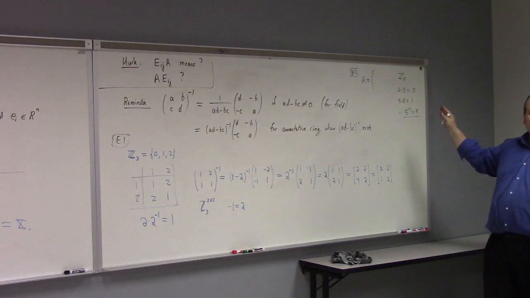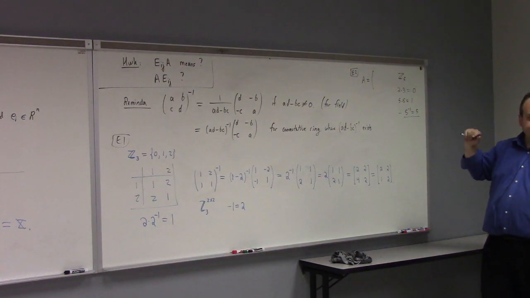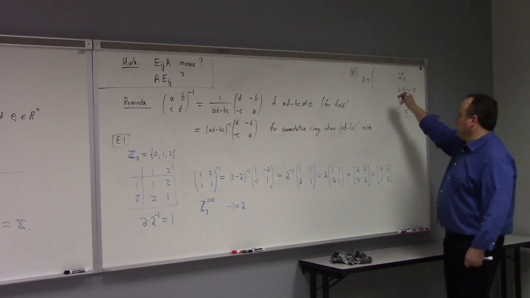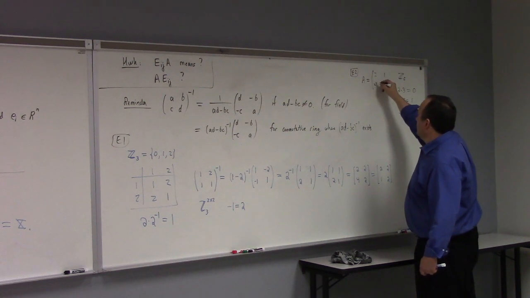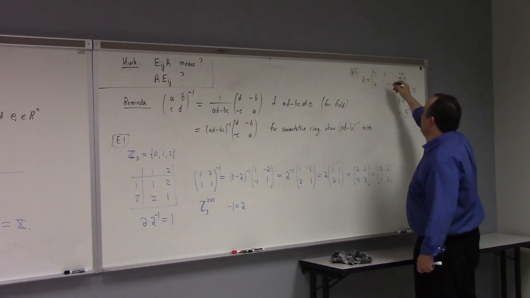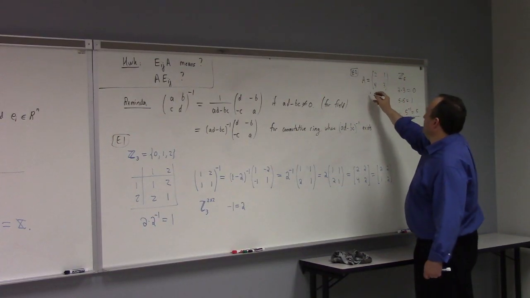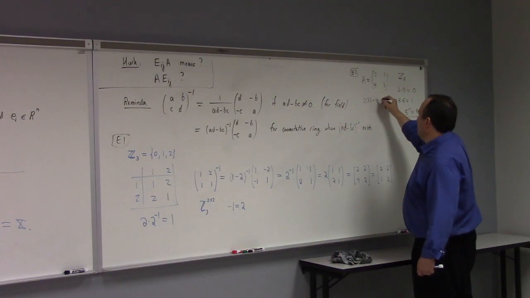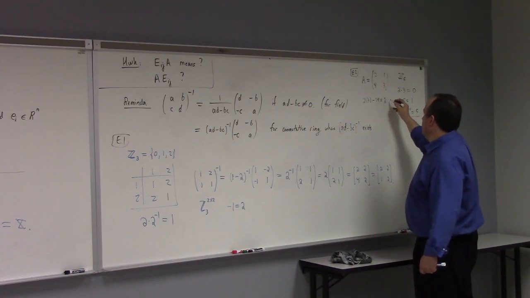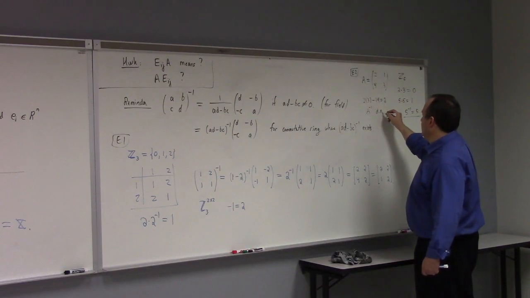That's the only invertible elements in Z6, 1 and 5. So if I write down a matrix like 2, 1, 4, 3, then if you look at the determinant, 2 times 3 minus 1 times 4, well, that's 2. So A inverse does not exist for this matrix.